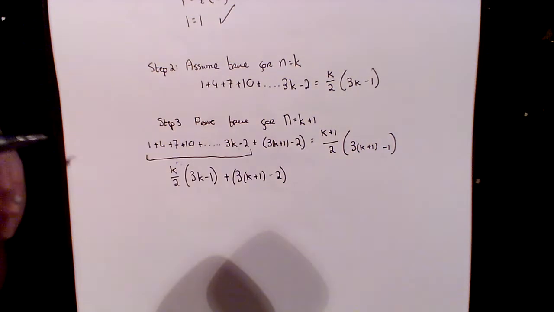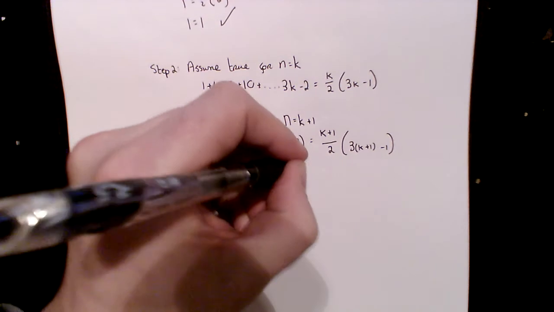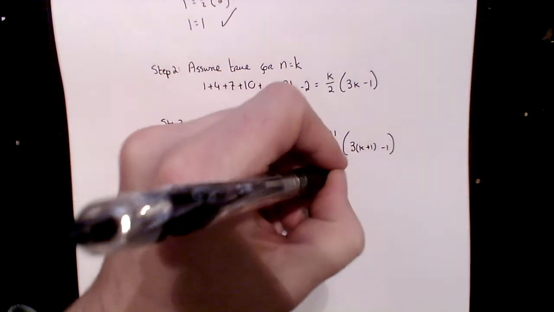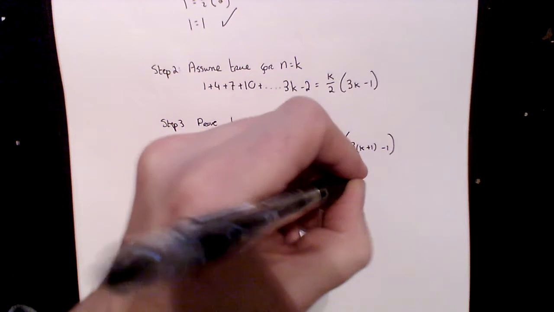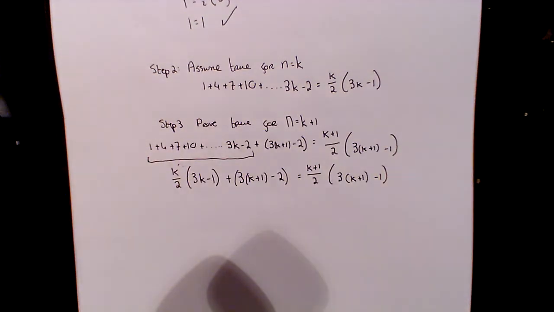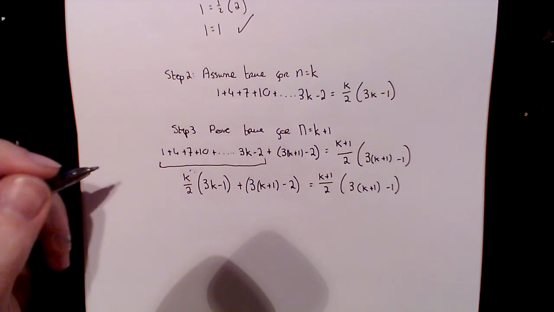Okay, in brackets. And hopefully I can get that to equal (k plus 1) over 2 all multiplied by 3k plus 1 minus 1. Right, so we have to use a bit of algebra to tidy this up.